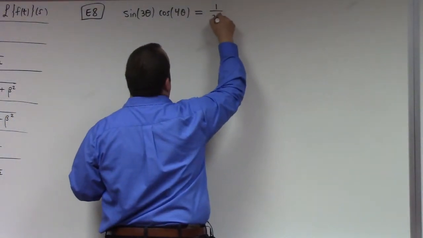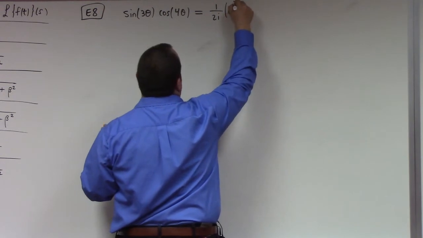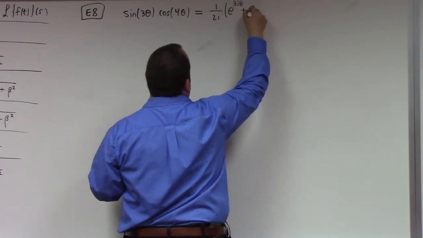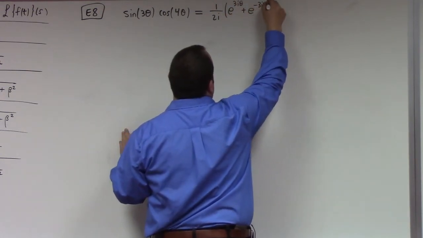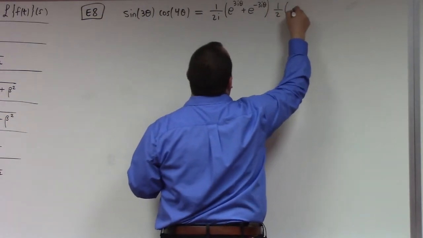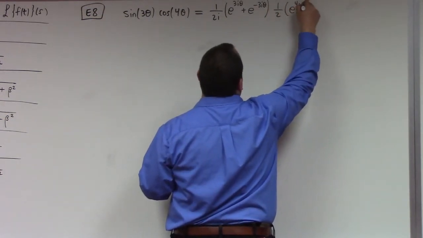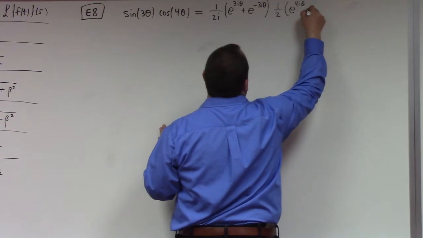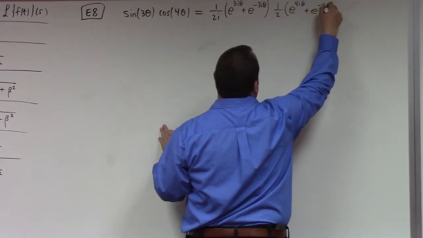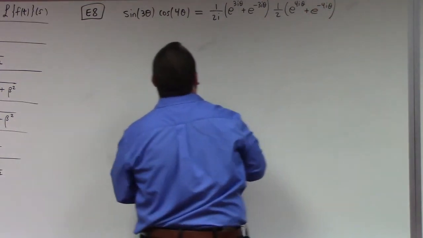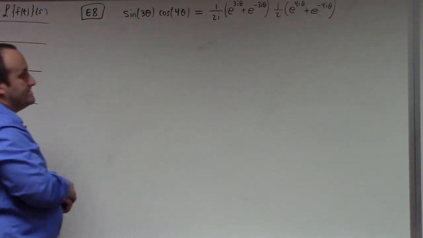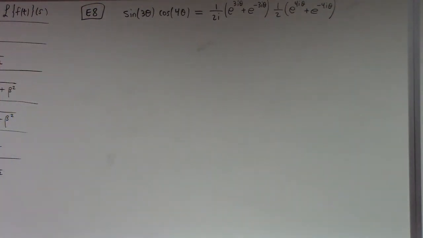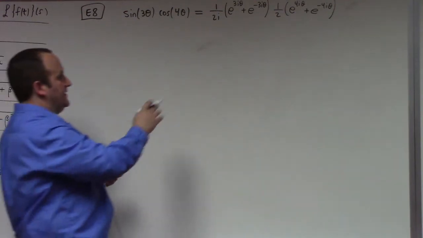This is 1 over 2i, e to the 3i theta plus e to the minus 3i theta, 1/2 e to the 4i theta plus, ooh, I made a mistake. Can you guys tell me what it is? Yeah, the sign has a minus. Thank you. That was it.